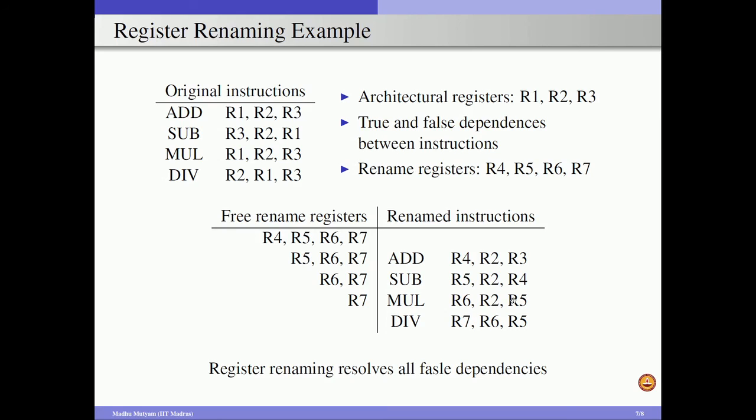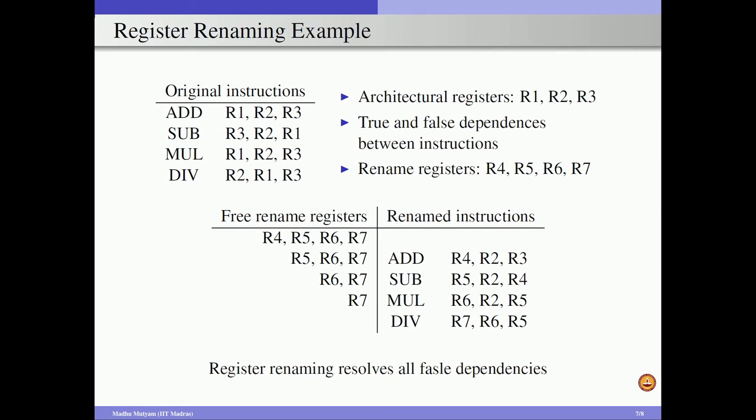Of course, in the original code also there is a true dependence between sub and mul through this R3. So we have not changed the true dependence between mul and sub after renaming, but we eliminated the output dependence, because previously there was an output dependence between mul and add through this R1, but now one R1 is replaced with R4, and the other R1 is replaced with R6. So there is no output dependence between add and mul.